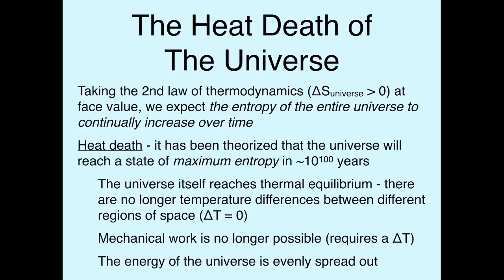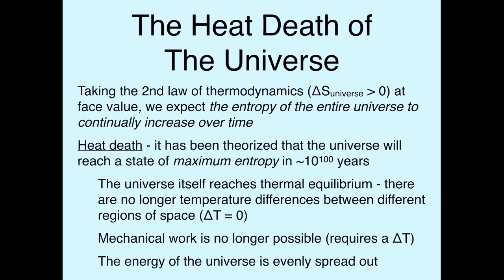Okay, so what that means is the energy of the universe is evenly spread out. And that's not what things look like right now. You have things like stars that have tons of energy, and then you have regions of pretty much empty space in between where there's very low energy. So it's not true that right now energy is evenly spread out, but that's what will happen once we reach heat death. Energy is evenly spread out.